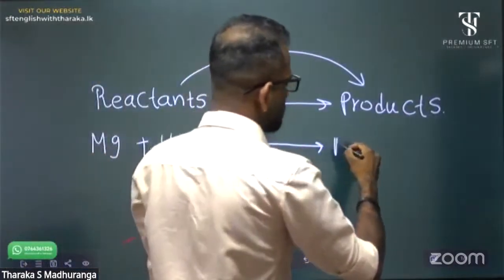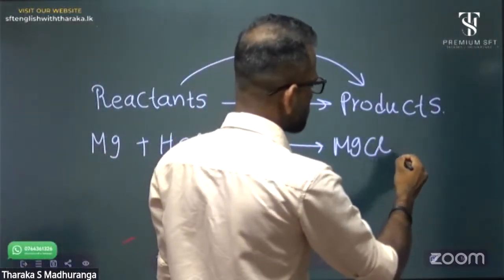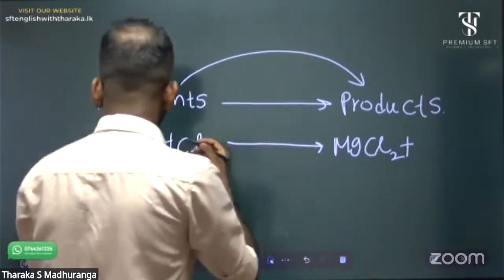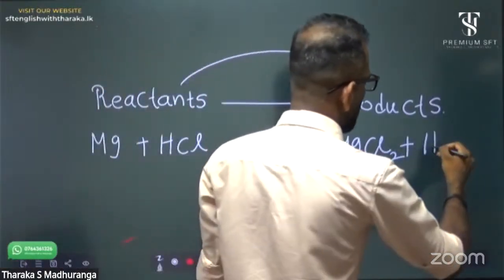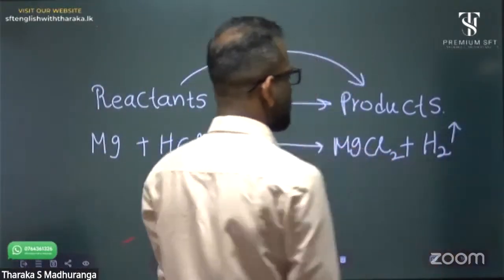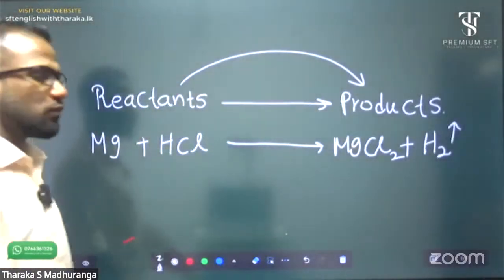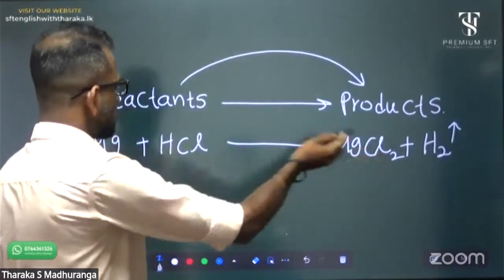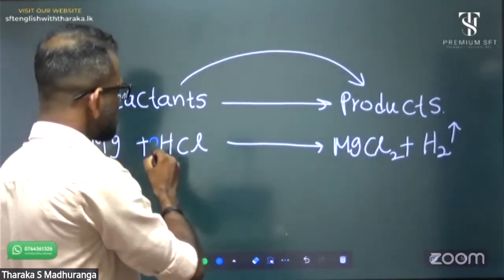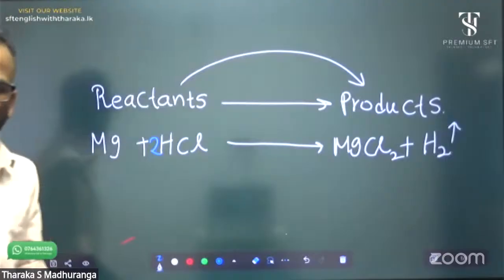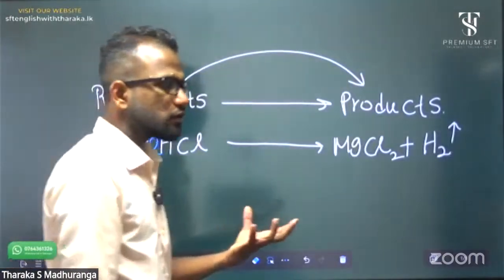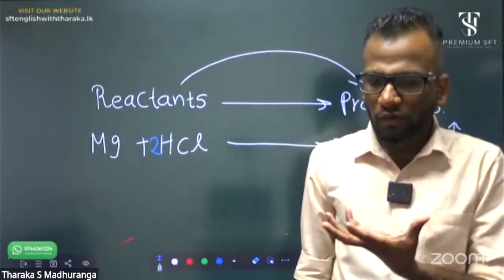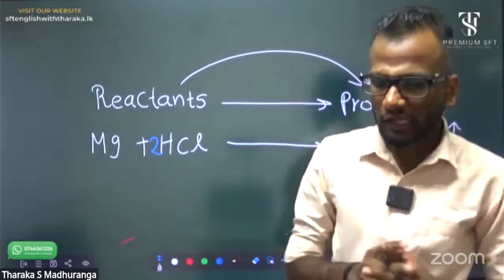Magnesium chloride, MgCl2, plus hydrogen gas, hydrogen released. If you want to balance this equation, you can add 2 chlorine and 2 hydrogen. Okay, this is a balanced chemical equation of the magnesium and HCl reaction.